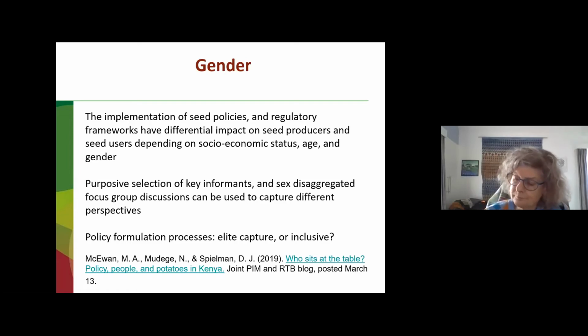Is there an element of elite capture, or is there a more inclusive process? And this is interesting, particularly in Kenya, where there's been a devolution of authority from the state to county level bodies, and whether this is actually allowing more participation in policy formulation processes.